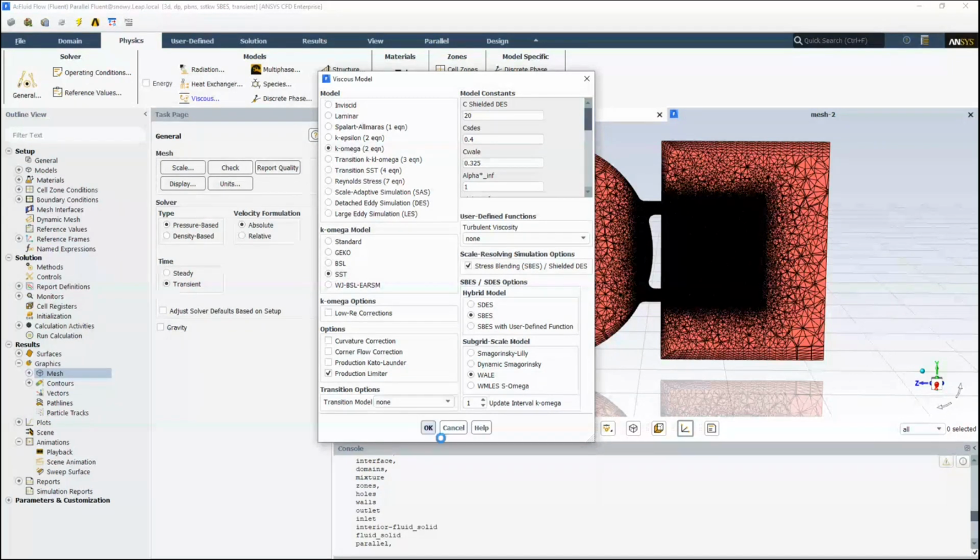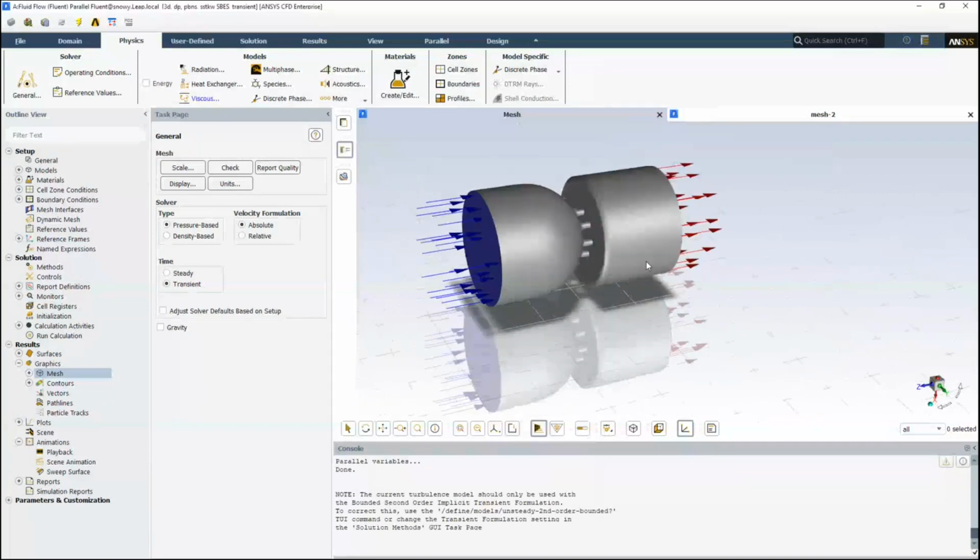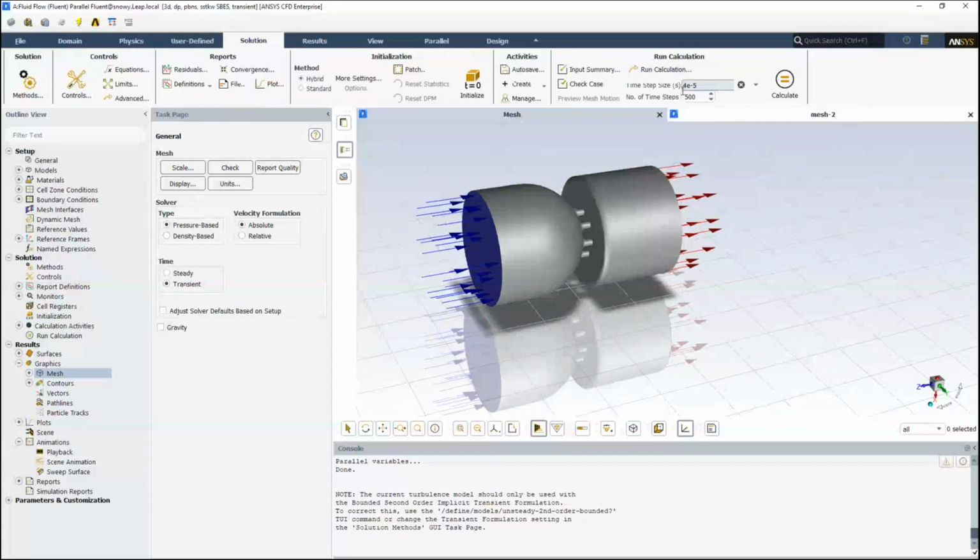So we've turned on K omega SST, we've turned on our stress blended eddy simulation, and then we're going to run this for a number of transient time steps. Now, one of the things that's really important when we're running any transient analysis, if we can, is to start from a good steady state approximation.